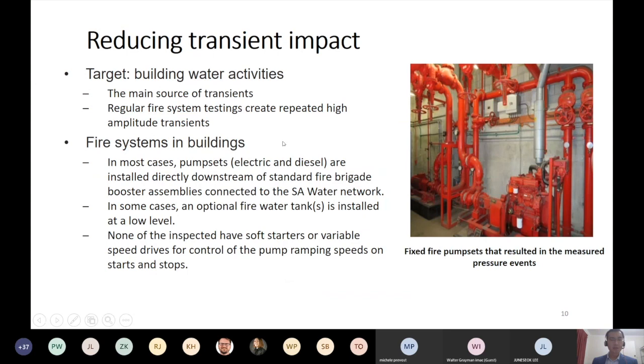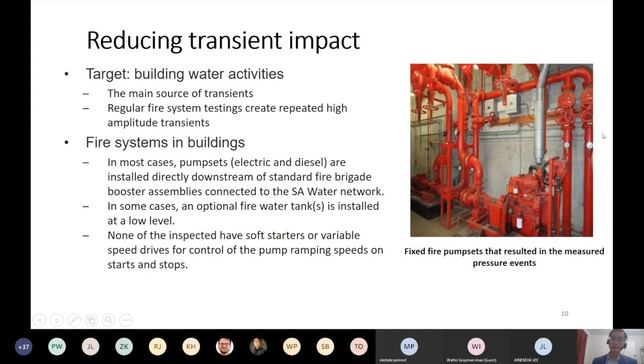Then we visited a few buildings. It's quite interesting, actually, quite an experience, because as you know, water utilities don't really have any control after the meter. So the meter is a boundary. Before the meter, that's the water utility's jurisdiction. After the meter, that's private property. So getting access to the buildings is difficult in the first place.